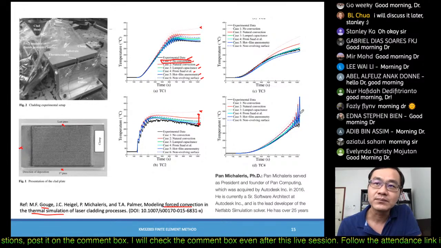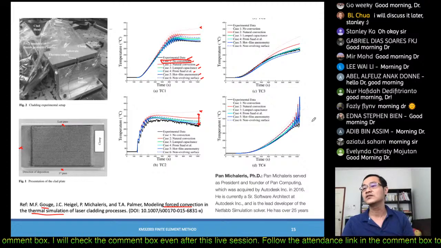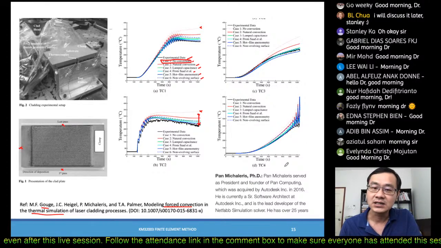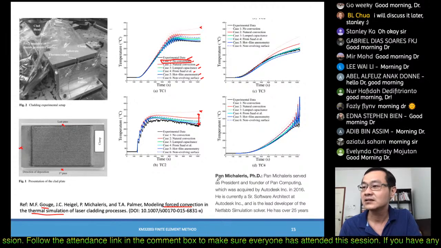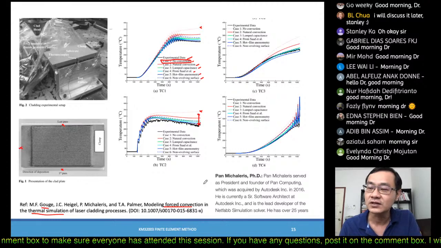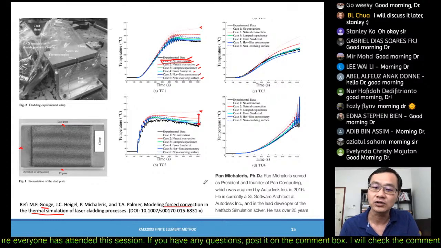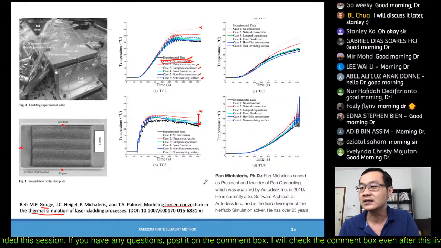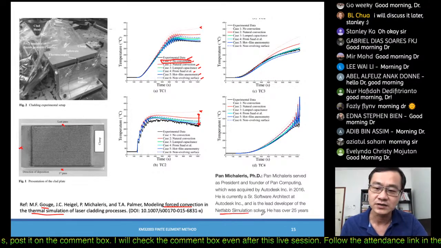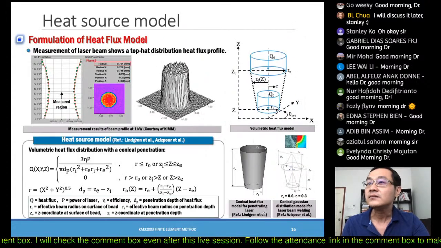So this is just to validate. Professor Micheleris did his coding to develop a software, and his company has been bought out by Autodesk and implemented as the Netfabb fabrication simulation solver.